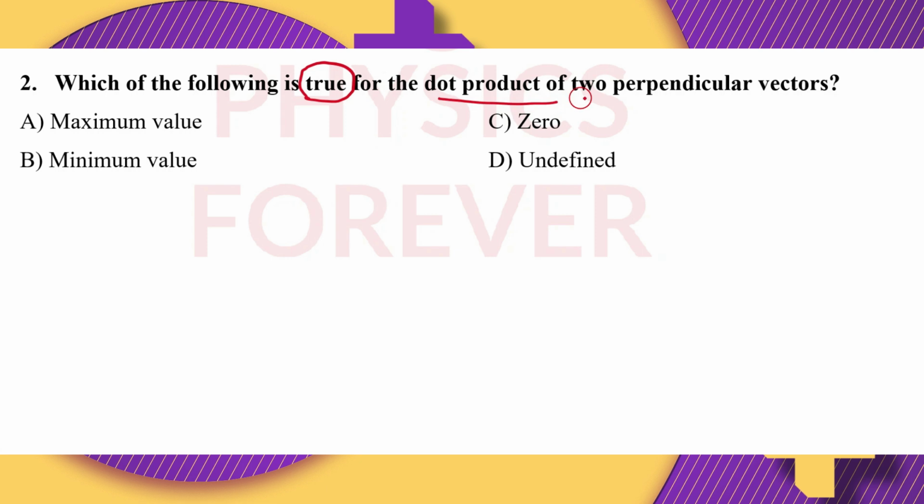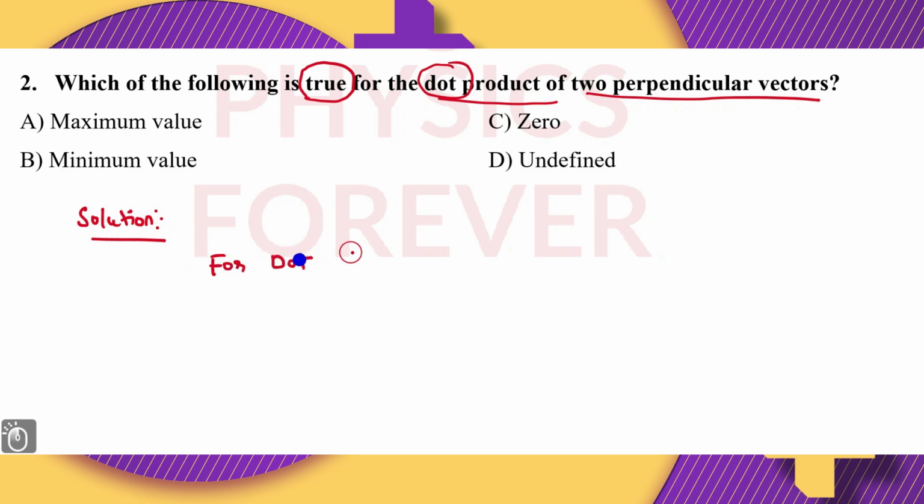So the dot product of two perpendicular vectors. What is the formula for dot?